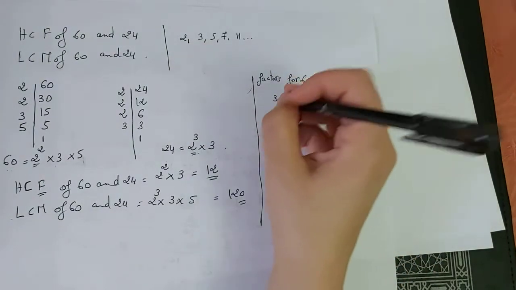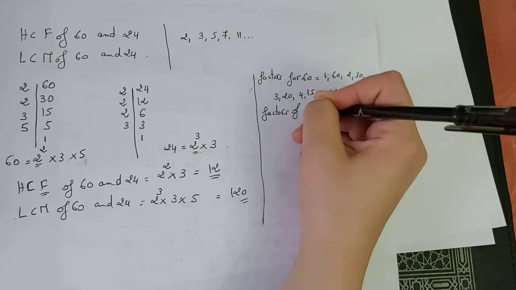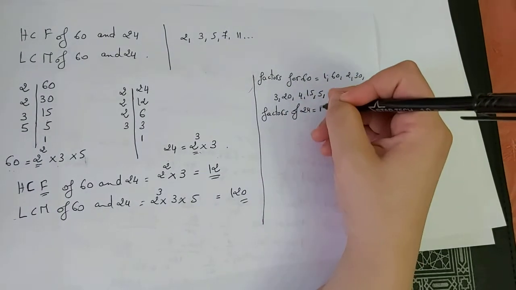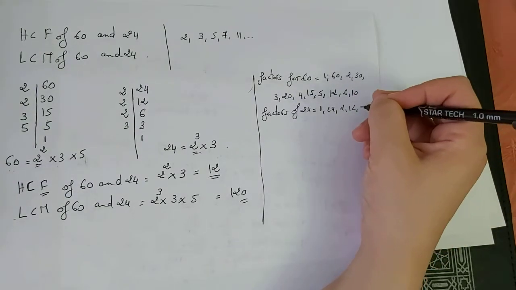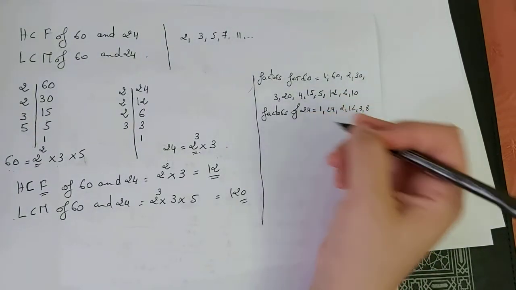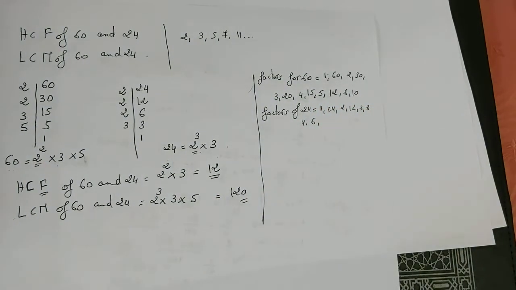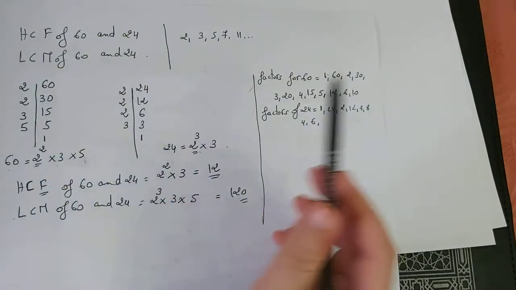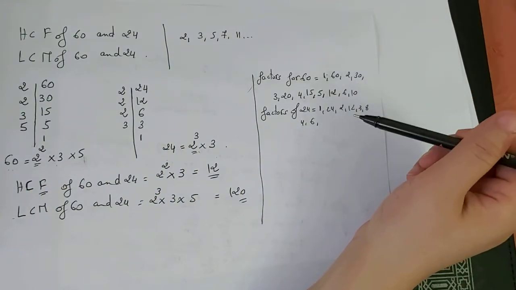And I will do the same thing for 24, factors of 24. So I have 1 and 24, 2 and 12, 3 and 8, 4 and 6, and I believe that's it. Okay, so I just need to check what is the highest common factor between these two.